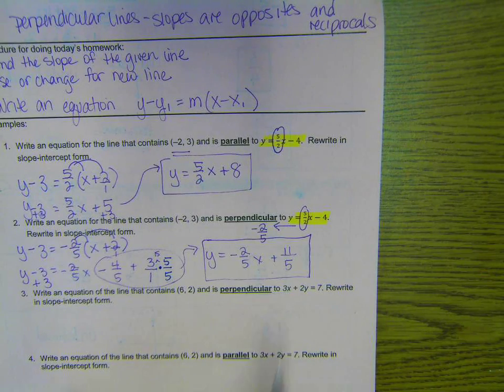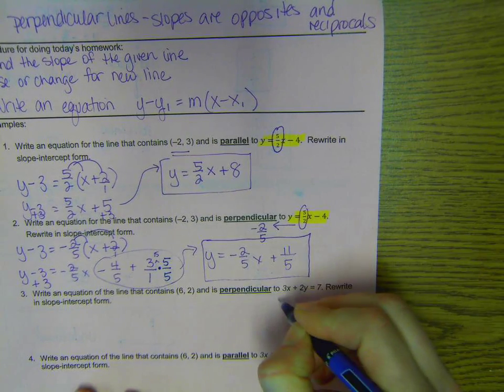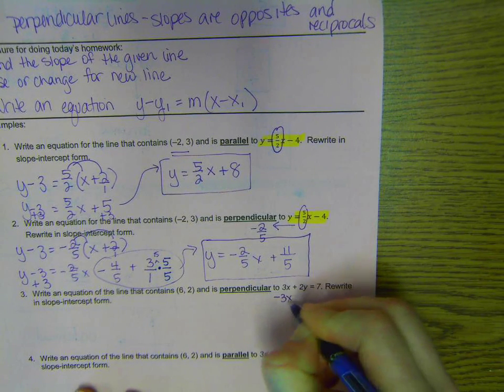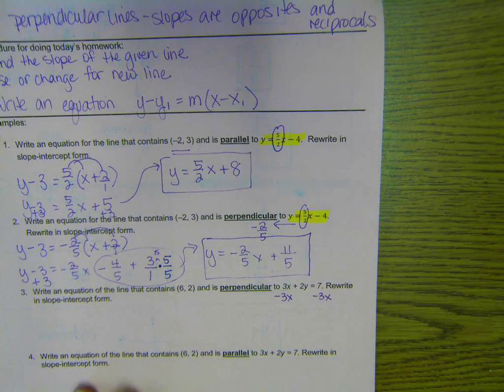Okay, so I'm going to move the negative 3x to the other side. So now I have, let's see, 2y equals negative 3x plus 7.